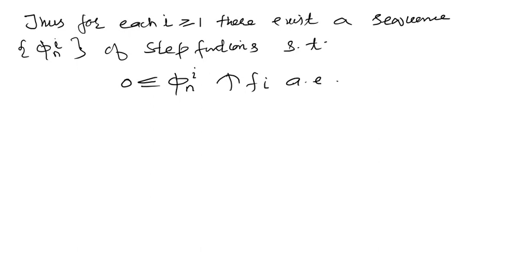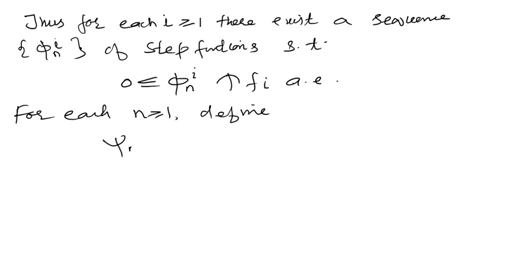Now for each n greater or equal to 1, we define a step function psi n equal to the join of phi n i, i runs from 1 to n.